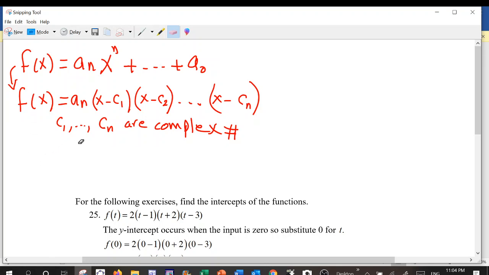But how do we do it? That's what this chapter is all about. By the time we get out of this chapter, you should be able to factor some polynomials, not all polynomials, but some.